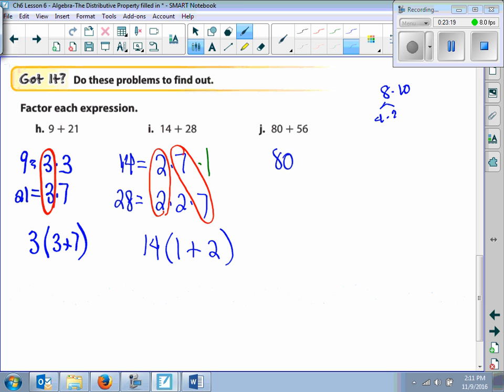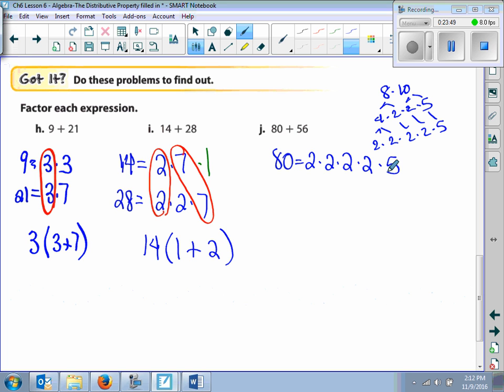And over here, this can be broken down to 2 times 5. And then that 4 can be broken down to 2 times 2. And then we can just bring everything else down. You got it? So 80 is 2 times 2 times 2 times 2, times 5.